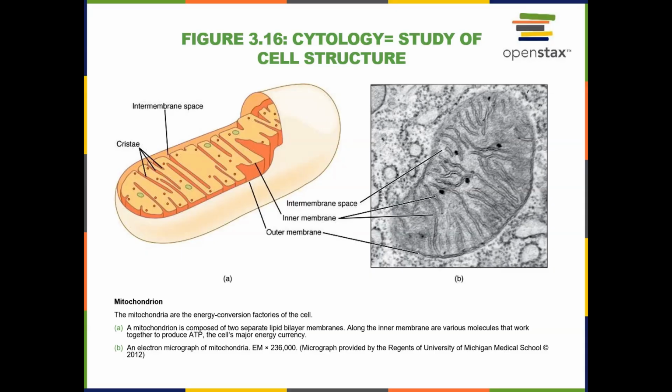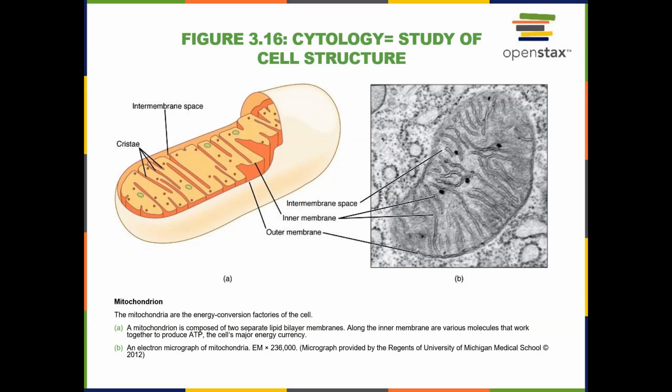In order to see this much detail, we need to use a special microscope called an electron microscope. The image on the right here is a picture taken with an electron microscope, allowing us to see the mitochondria inside of a cell magnified 236,000 times from its normal size.